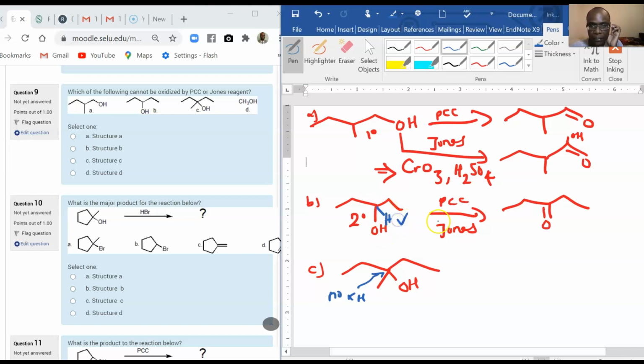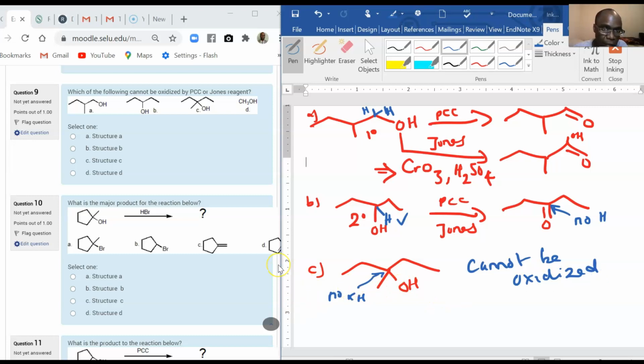That's why we can oxidize it, because oxidation is removal of hydrogens. If you can think of it that way, the hydrogen is removed on here. So you have to have at least one hydrogen sharing the same carbon as the OH for the alcohol to be oxidized. So that's why C cannot be oxidized, because it lacks the alpha hydrogen.